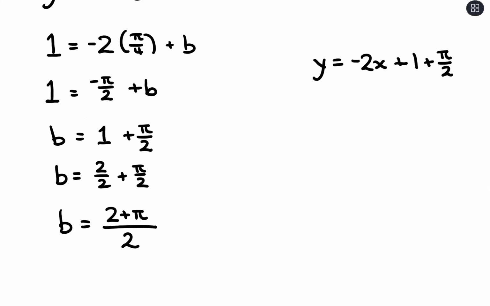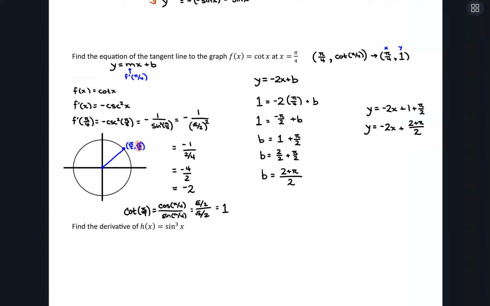It's the same thing, but just so you know, and how it will match the answer keys. So negative 2x plus, and then for b, 2 plus pi all over 2. Okay, so our equation of a tangent line, start with that first derivative. We might need some unit circle to help us out, and then plugging in a coordinate.